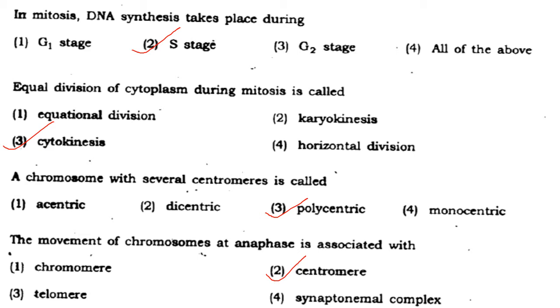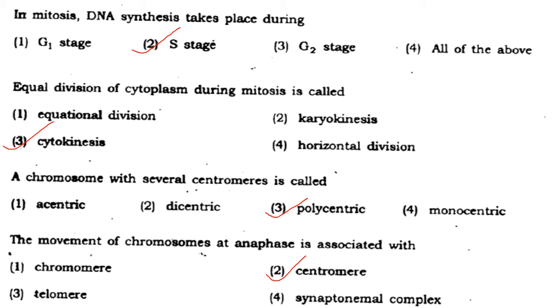Answer is option 3 cytokinesis. Next one. A chromosome with several centromeres is called option 1 acentric, 2 dicentric, 3 polycentric, 4 monocentric. Answer is option 3 polycentric.